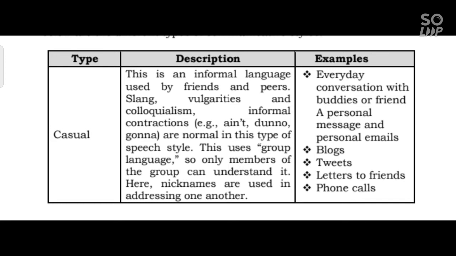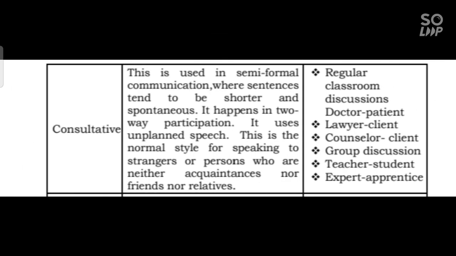So, that means casual. So, also, when you are having your blogs, your tweets, letters to friends, and even yung phone calls. So, when you are very close to each other and you are not talking that seriously, a normal conversation, that is casual. That falls under the type of casual communication.